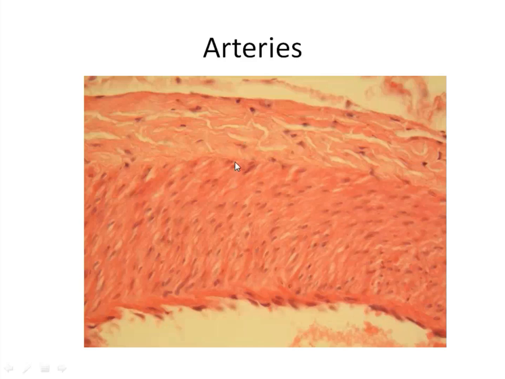Now this is the middle portion, and this pinkish middle portion indicates the tunica media, and all these are the concentric rings of smooth muscles, and these violet dots indicate the nuclei of those muscle cells. So this is the tunica media, and the outer layer is the tunica adventitia.